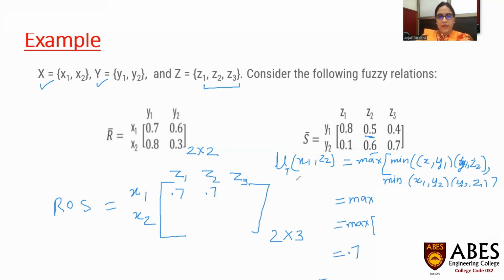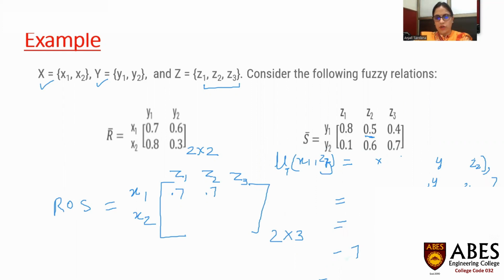Similarly, for calculating the z3 value, we'll be going from x1 to z3 here. I'll be writing the computations, direct computations here, and I hope you just understood the concept. So here at this location, we are going from x1 to z3.